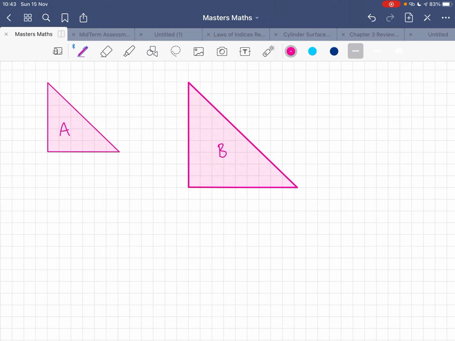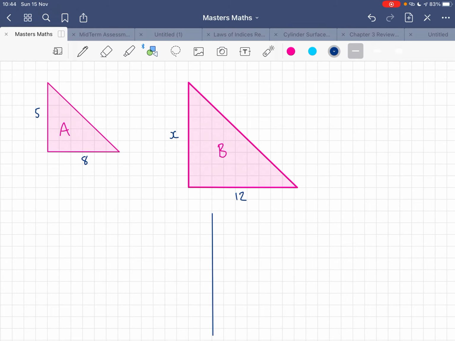I'll rub those numbers off. This was 5 and 8, and this is x and 12. I am going to show you 2 different methods, so that you've seen both. One is using scale factors, and the other is using fractions, and then a little bit of algebra to work out what x is.